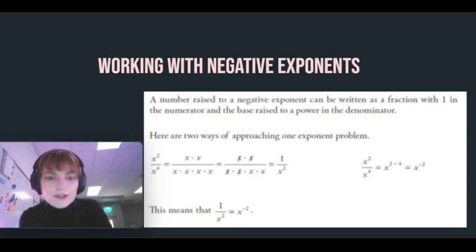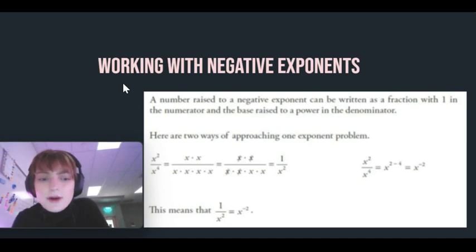Our final note in the Nonlinear Solving 101 section is on negative exponents. This has been summarized as follows. A number raised to a negative exponent can be written as a fraction with 1 in the numerator and the base raised to a power in the denominator. Here are two ways of approaching one exponent problem.